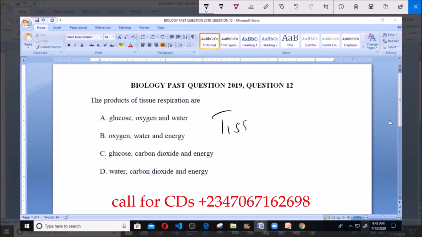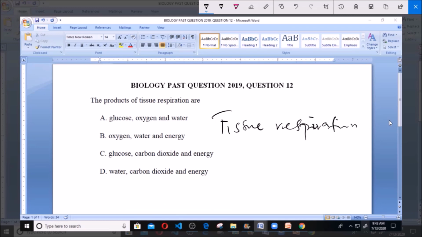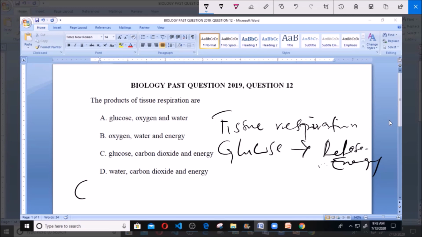Tissue respiration refers to the breakdown of glucose to give you energy. Breakdown of glucose to release energy. Now it is the process that occurs in humans and other living organisms to release energy. And the equation of the reaction is like this.